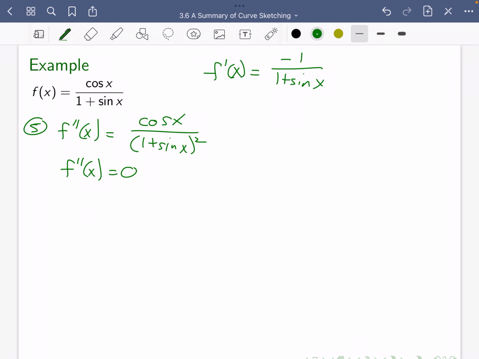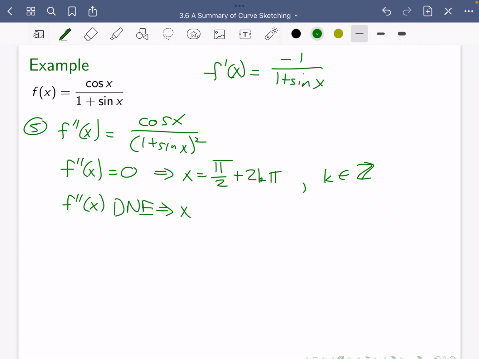This derivative being 0 would tell us that x is pi over 2 plus 2k pi, for k being an integer. That second derivative does not exist when x is 3 pi over 2 plus 2k pi.